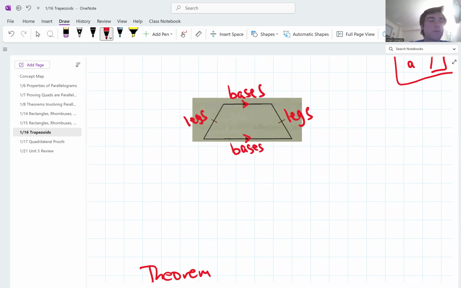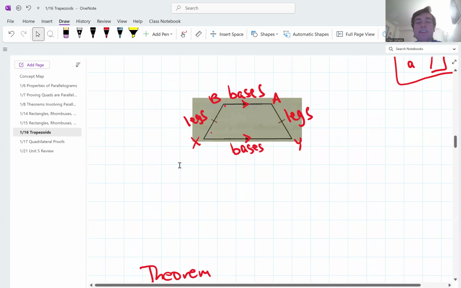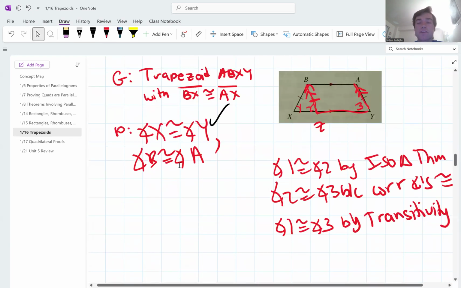If we call this B, A, X, Y, then X and B are supplementary and A and Y are supplementary, because we have a set of parallel lines cut by a transversal, so same side interior angles are supplementary. So if B and X are supplementary, A and Y are supplementary, and X and Y are congruent, then A and B are congruent because of one of the theorems from way back. It came up on the last test. It's because supplements of congruent angles are congruent.